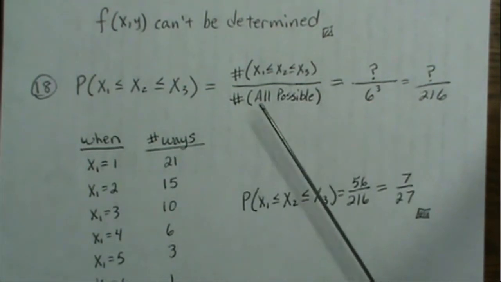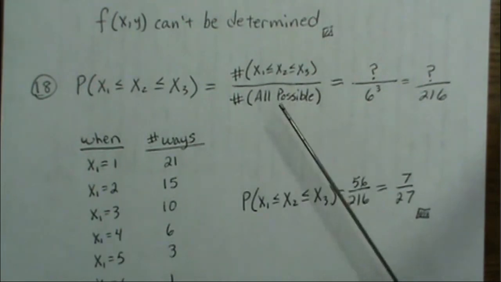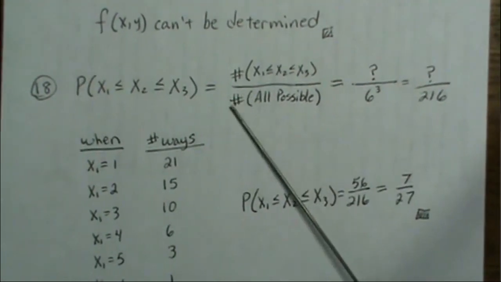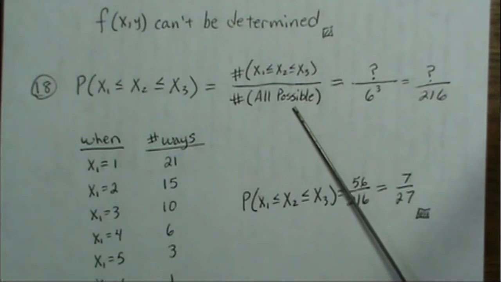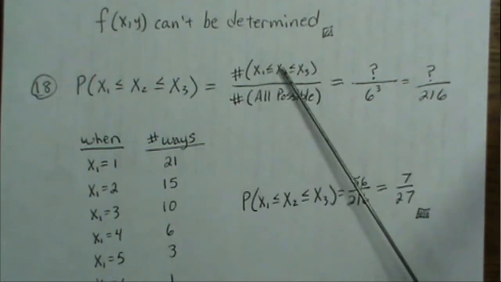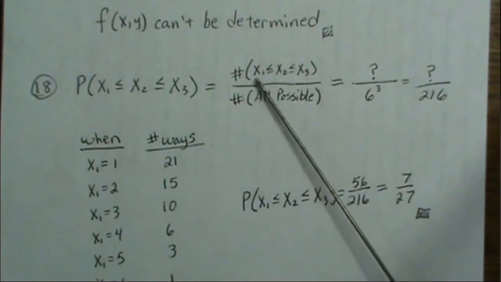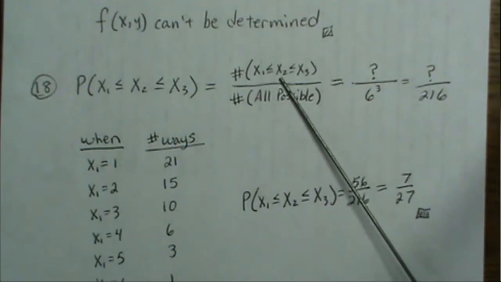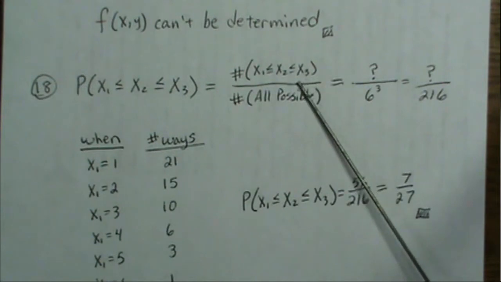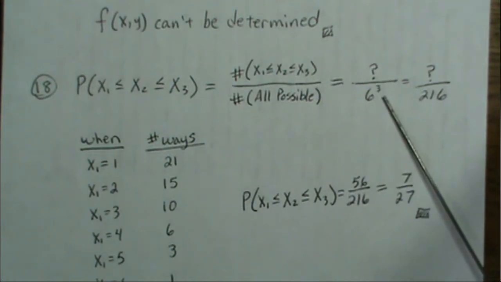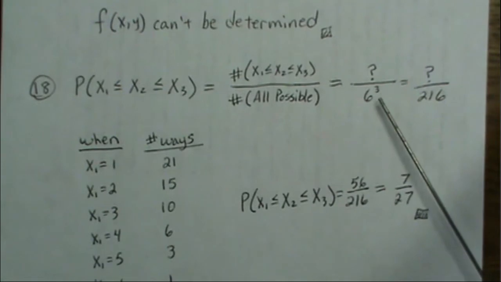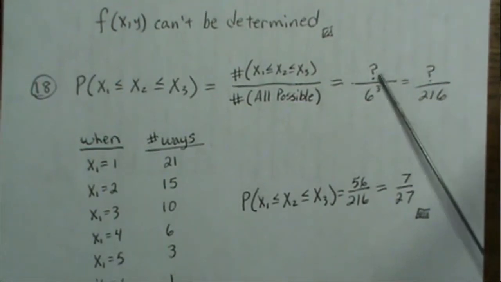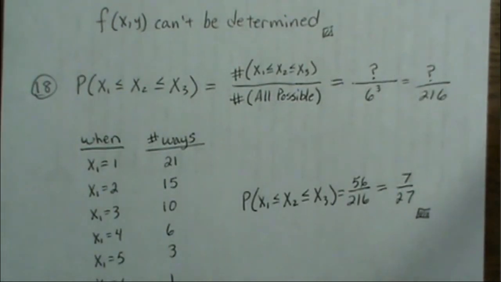We're going to solve it this way. The denominator is the number of all possibilities, and the numerator is the number of ways that x1 ≤ x2 ≤ x3. The denominator, of course, is 6 cubed, which is 216, but we don't know how many ways this event can happen. So we just go through all the possibilities.